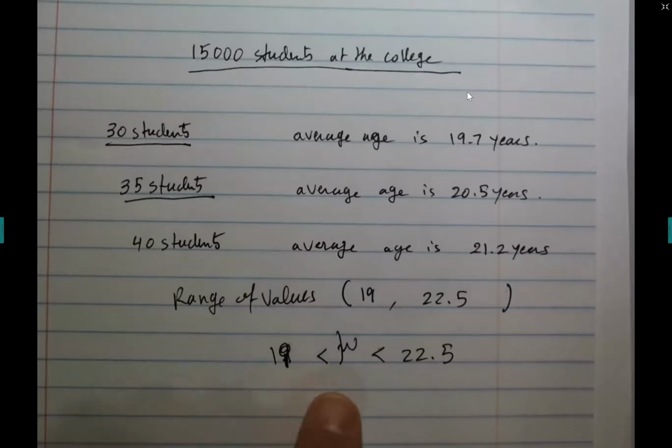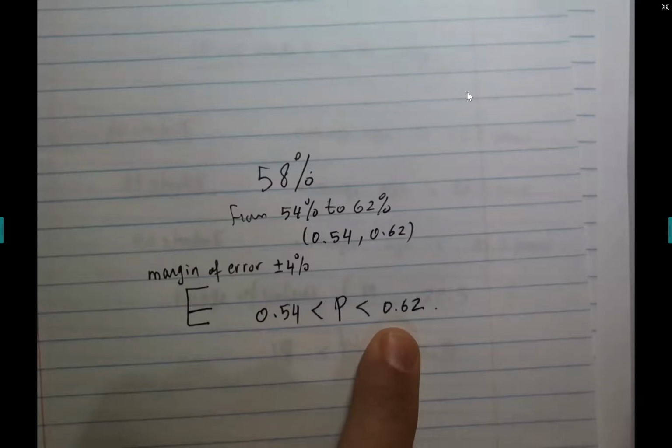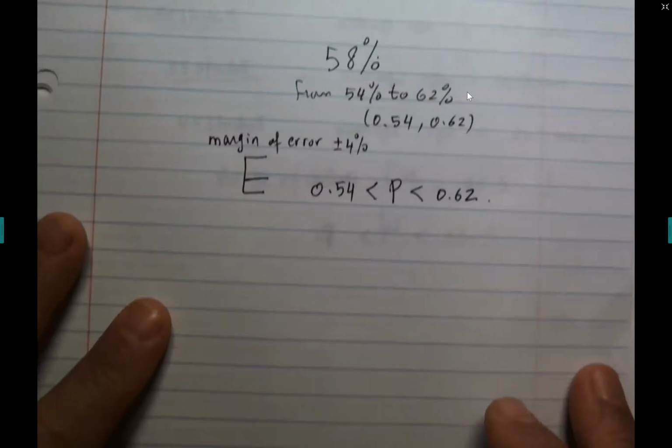So this is what we call a confidence interval. It's a range of values from 19 to 22.5, or 0.54 to 0.62. And I'm going to show you something interesting about the margin of error.